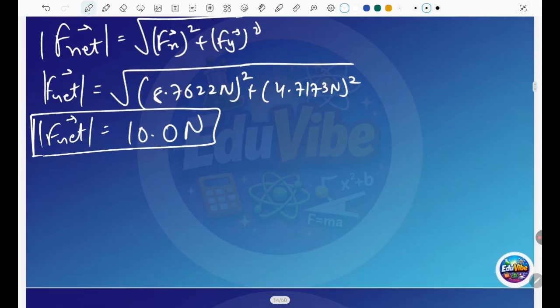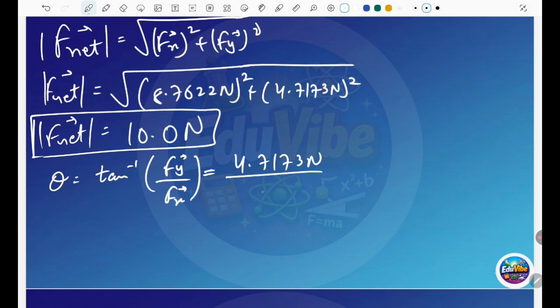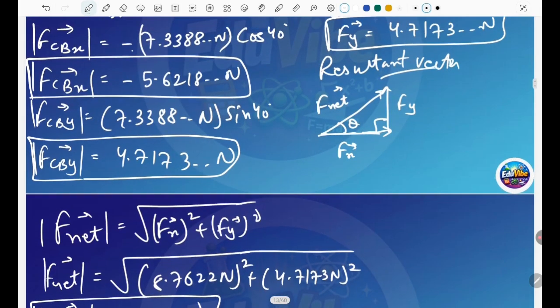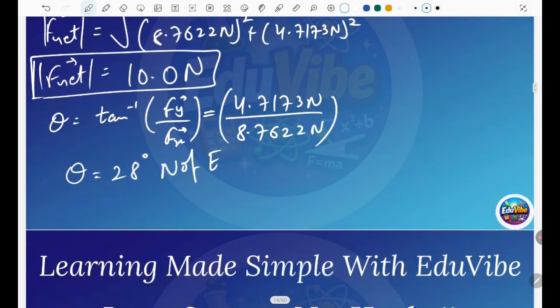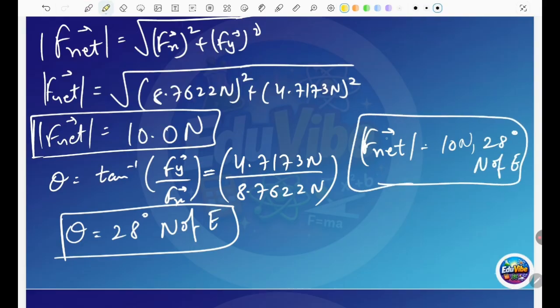And for theta, you have to take tan inverse of Fy upon Fx. Fy is 4.7173 newtons upon 8.7622 newtons. When you do tan inverse of this, you get 28 degrees. So it's north of east. So your net force is equal to 10 newtons at 28 degrees north of east.